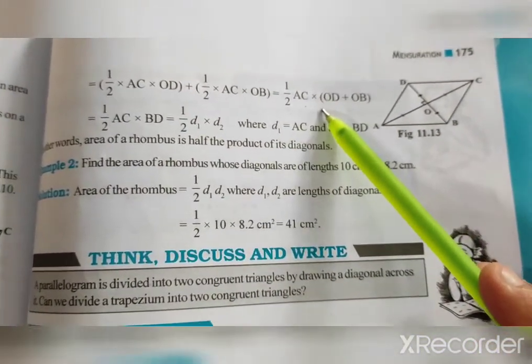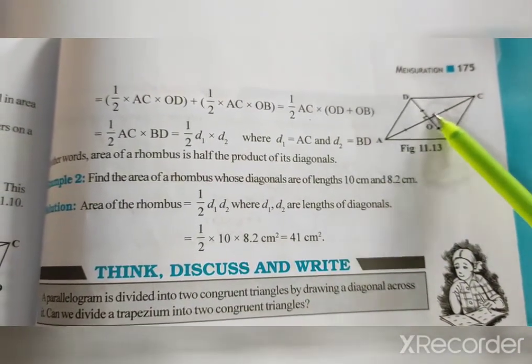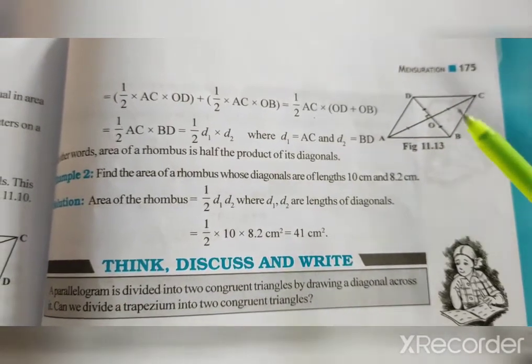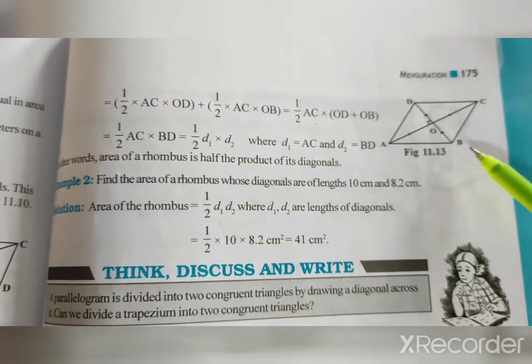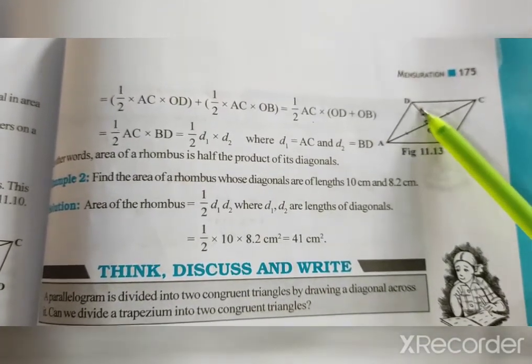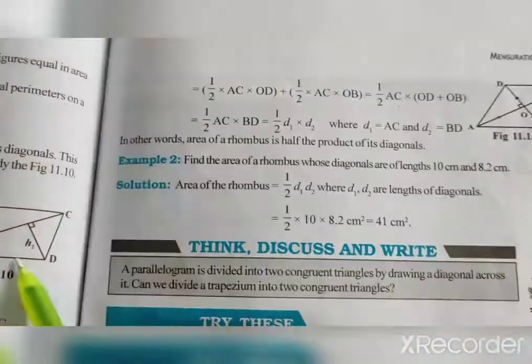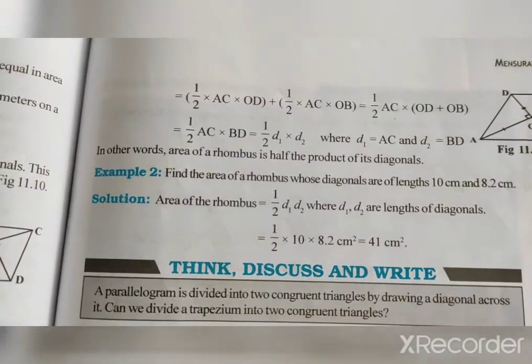Half AC is common, so OD plus OB. Now see here, OB plus OD is diagonal BD. So half AC into BD, that means D1 and D2. In other words, area of a rhombus is half the product of its diagonals.